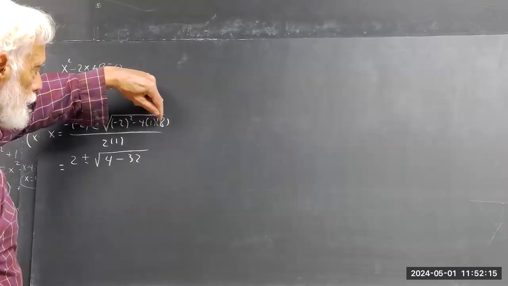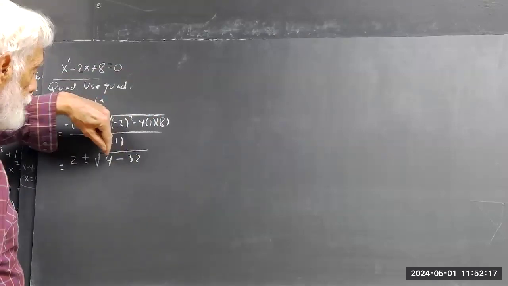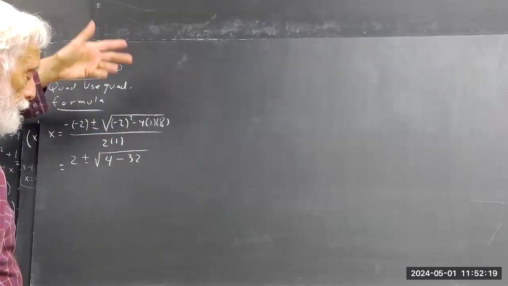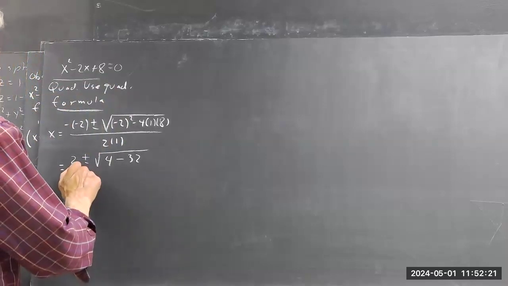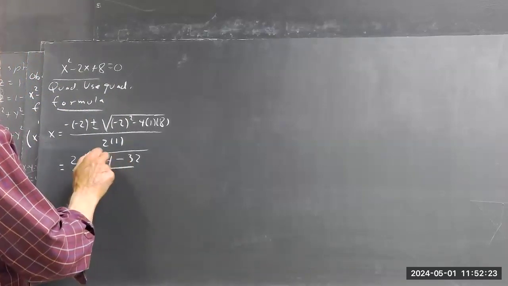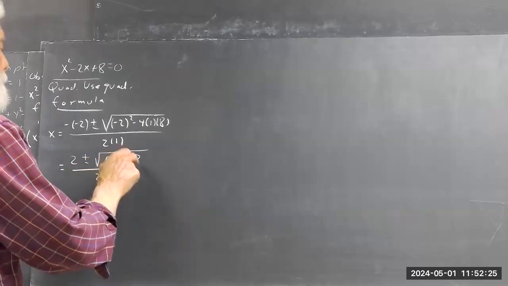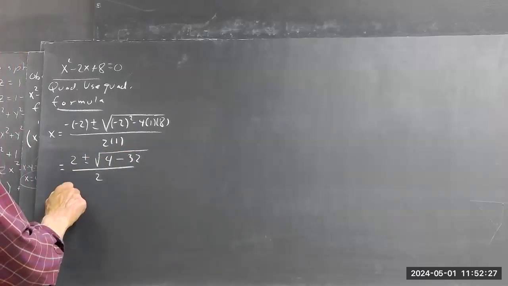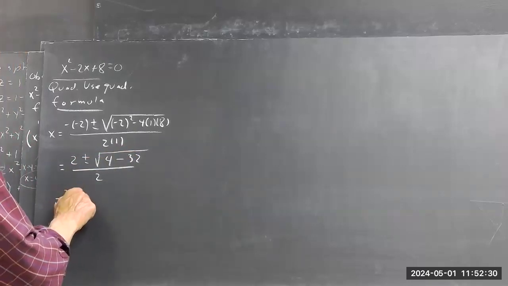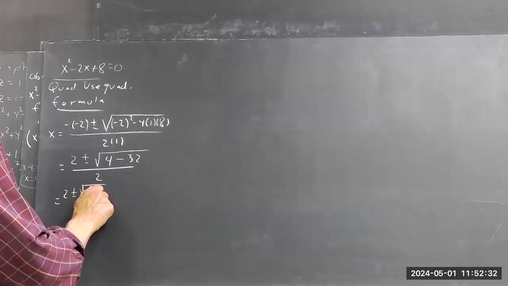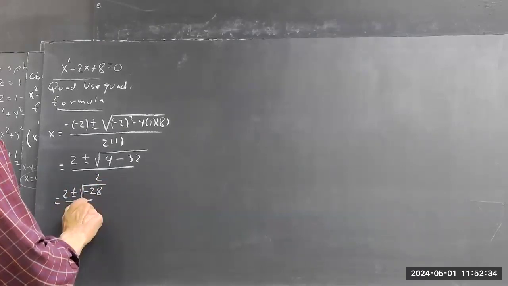When we had a negative on the 8, we got a plus 32 here, which gave us 4 plus 32 or 36, and we could see what the square root of that is, but that's not going to happen here. It's going to be 4 minus 32. So this is going to be 2 plus or minus the square root of -28, all divided by 2.